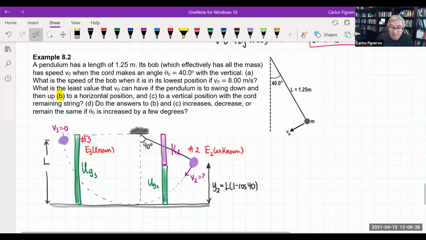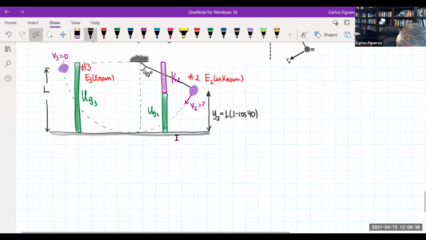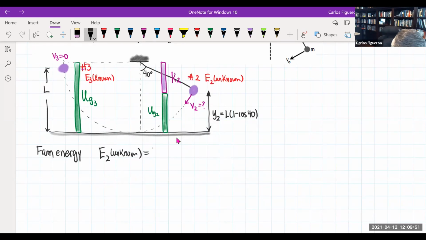So let's go write this out. According to conservation of energy, from energy, I can then say that the energy at 2, which is unknown, equals my energy at 3, which is known.